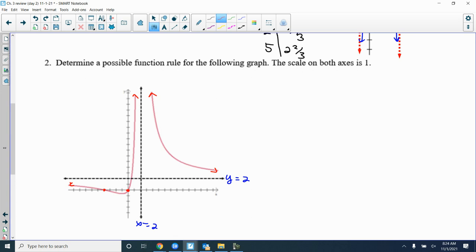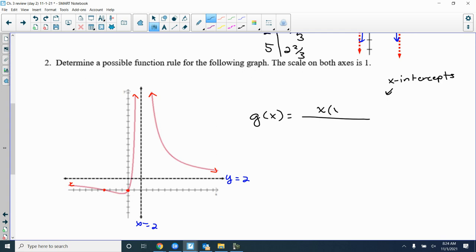All right, numerator versus denominator. The numerator is determined by your x-intercepts. We got one at 0, and we got one at -4. So the one at 0, you can just make an x.